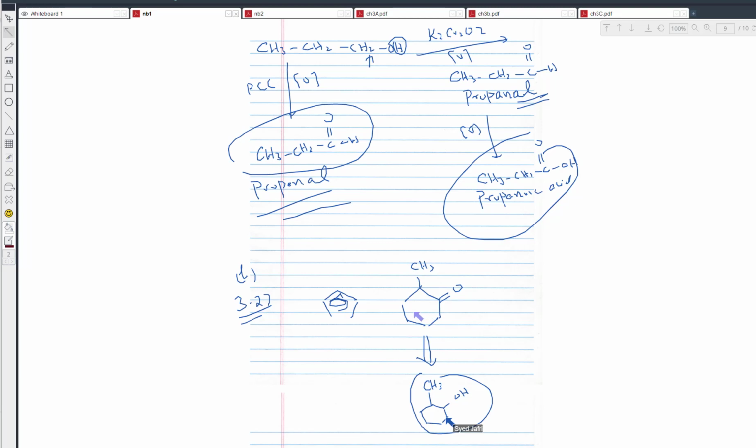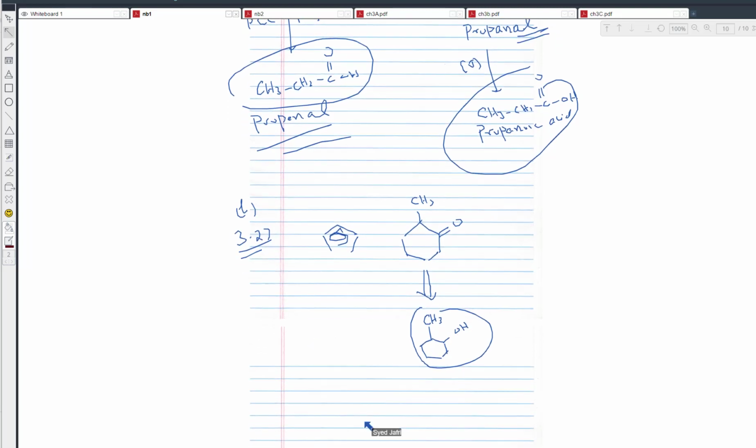What about the next one? B. What is that? It's an aldehyde, because you have a carbonyl group, C double bond O, but that carbon also has hydrogen.